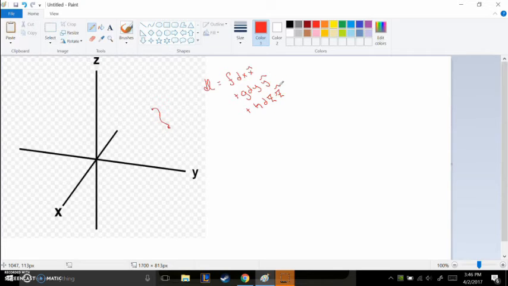For Cartesian, we said that f, g, and h are equal to 1. So we can write the dl as dx in the x direction plus dy in the y direction plus dz in the z direction.